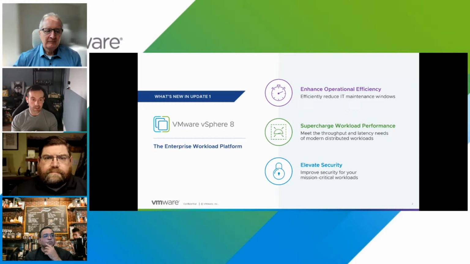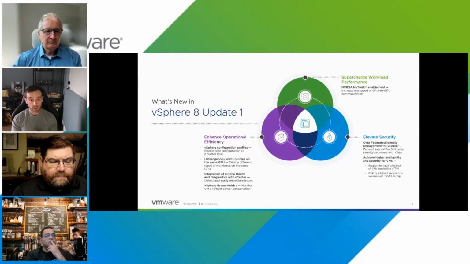It's a fundamentally new way that we're going to help customers manage their cluster configuration at scale. We had a tech preview of that in the 8.0 release, and now it's fully available in 8.0 U1, fully supported. You can use it in production, and it supports vSAN, supports distributed switches, all those good things.